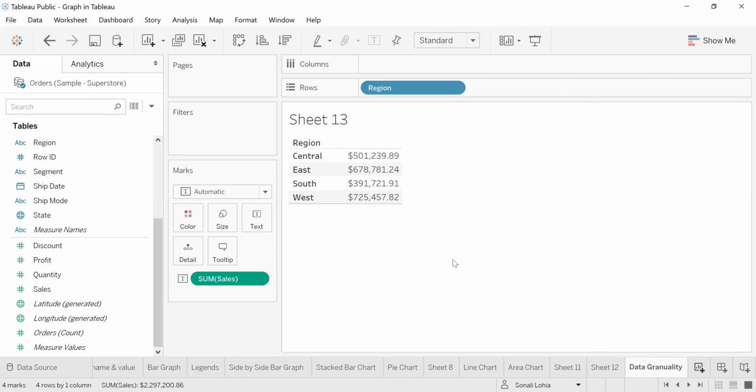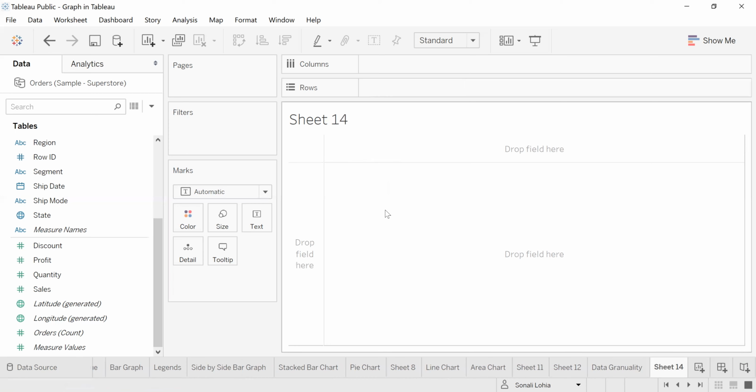So the next topic that I want to take is the scatter plot.